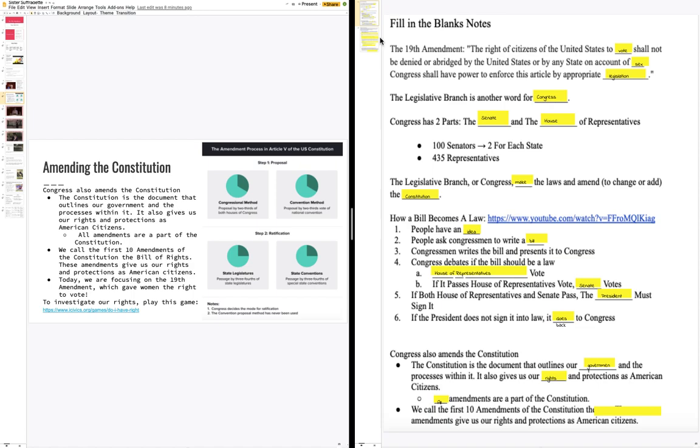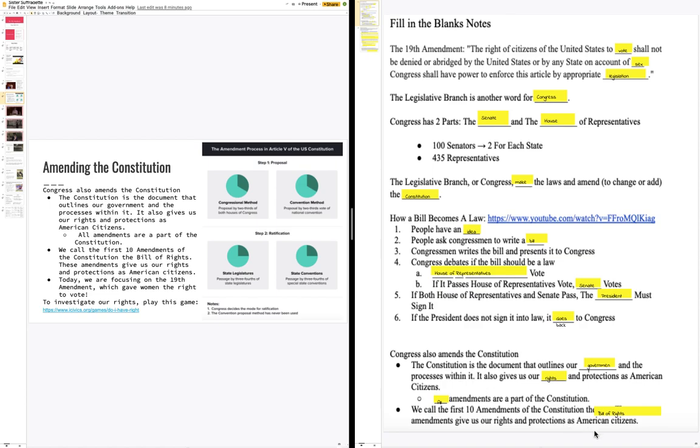The 19th Amendment, when women got the right to vote, is a right under our Constitution. It's an amendment. The first 10 amendments, we call the Bill of Rights. That's really the part of the Constitution that gives us our basic fundamental rights and protections as citizens.